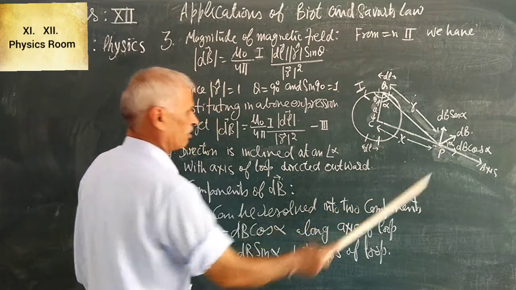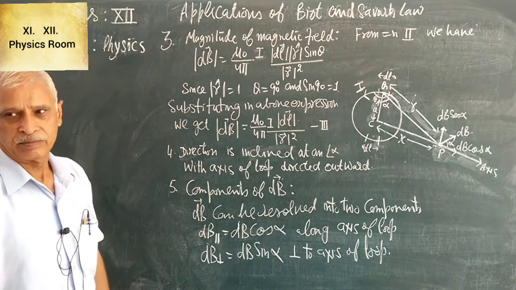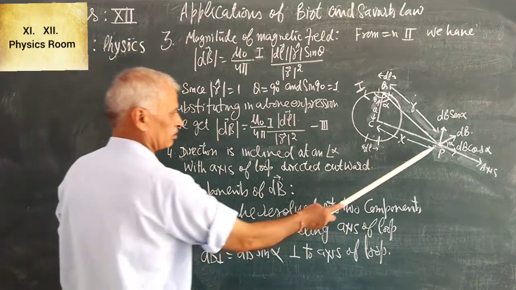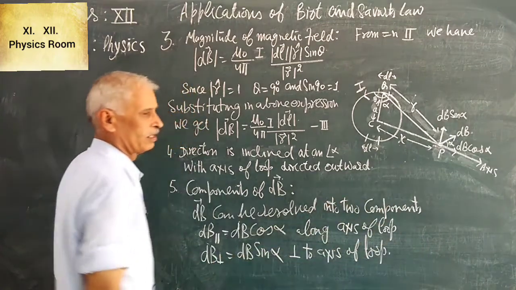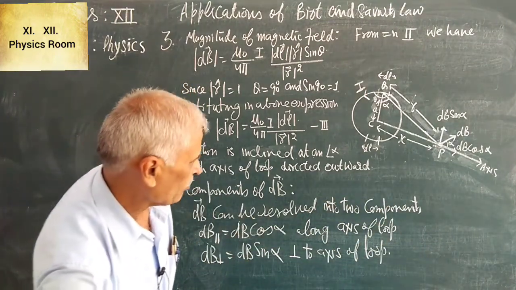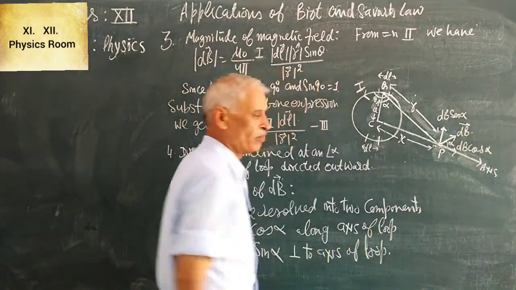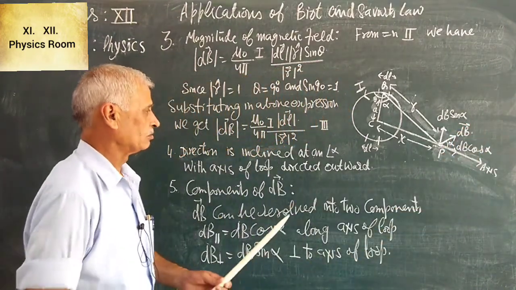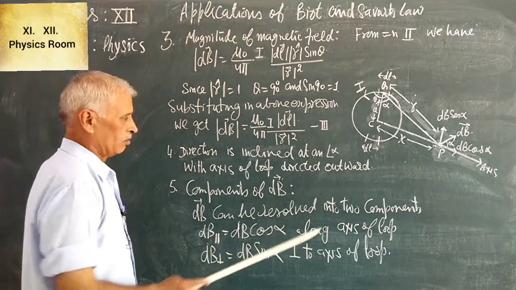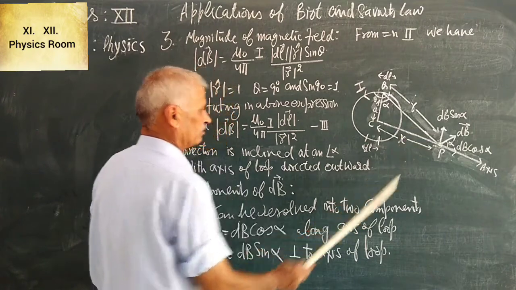Now we have to take up the components of this magnetic field. This magnetic field, being a vector quantity, can be resolved into two components, a parallel component and a perpendicular component.